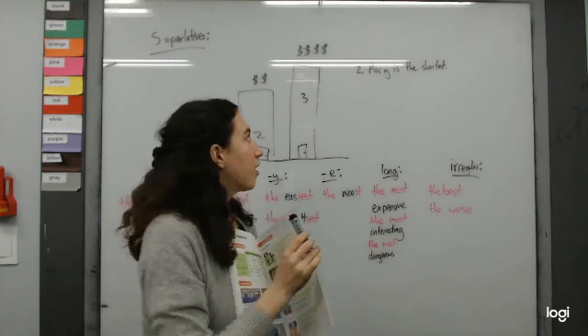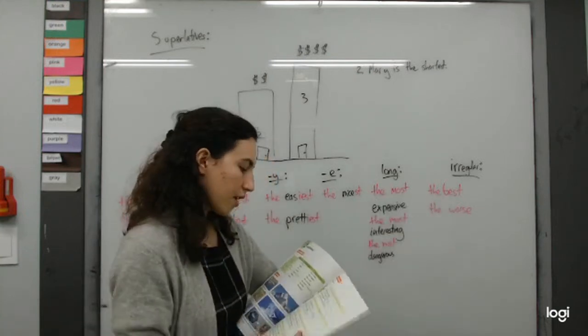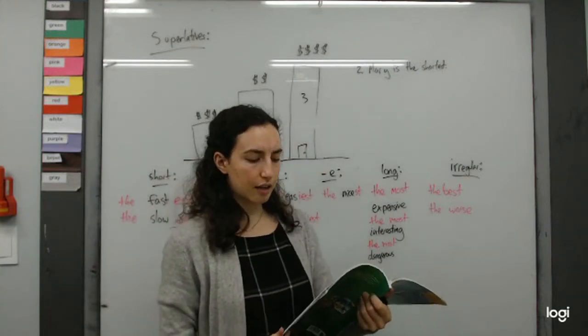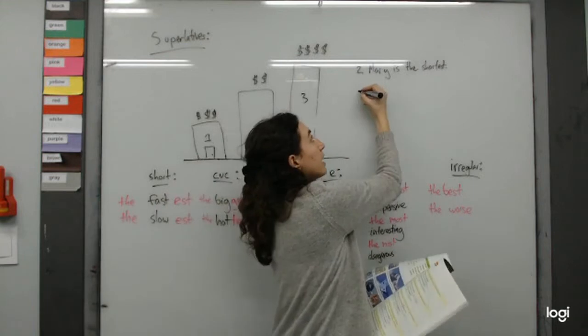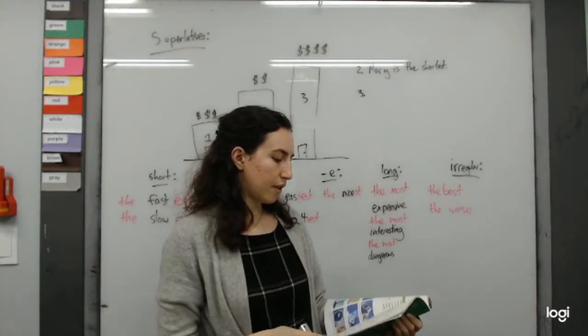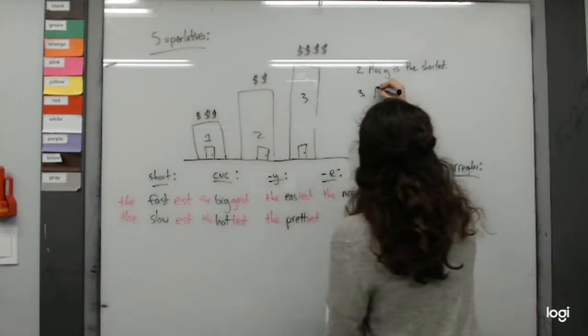Okay, so the next question, we have Ken is faster than John, Mike is faster than Ken. Number 3, who is the fastest? We can say Mike is the fastest.